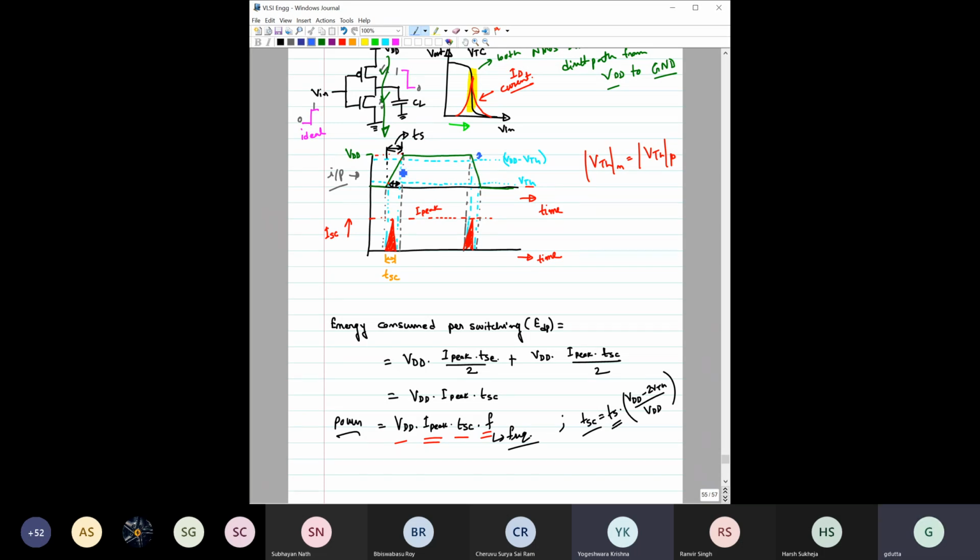So this region transistor is off, this region transistor is off, and only between these two regions the transistors are on. So VDD minus 2 VTH by VDD into TS, will it not give me this TSC?